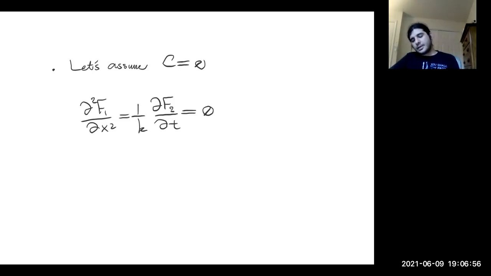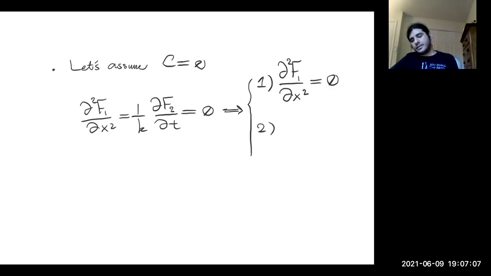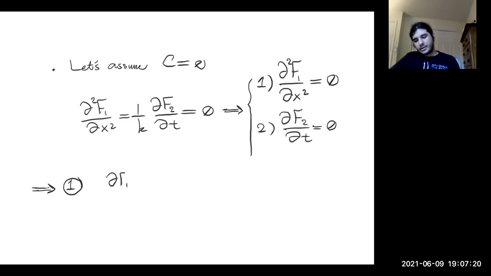This gives us again two equations. The first equation is the second derivative of f1 with respect to x is equal to 0, and the derivative of f2 with respect to t is equal to 0. So let's solve the first equation. Well, if we take the antiderivative with respect to x, that tells us the derivative of f1 with respect to x should be another constant.